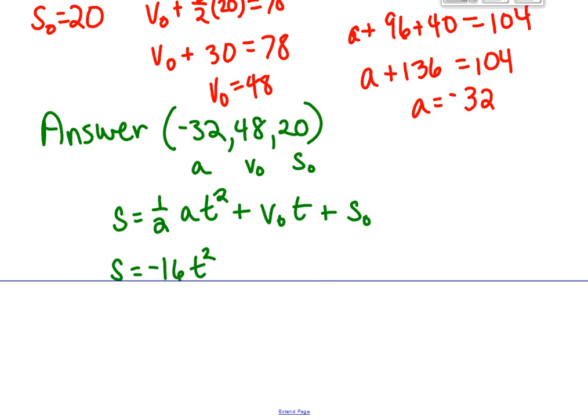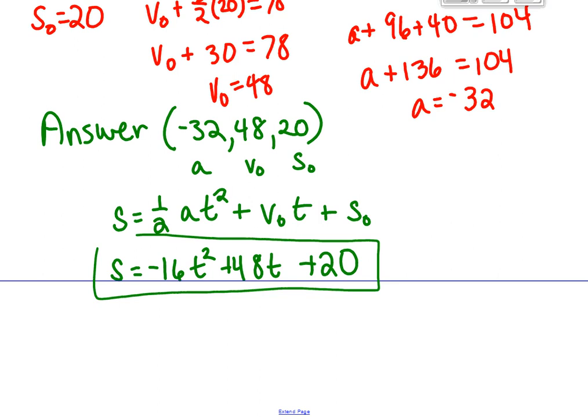By the way, that should seem familiar to you. And then plus 48t, and then plus 20. So a couple things that we have. Our final answer here is just that representation of that rule. So we've taken some data values and we've made a rule that goes along with that.